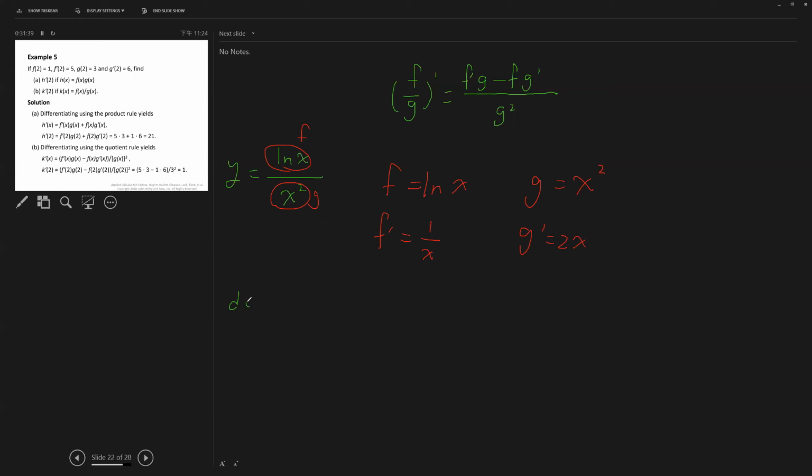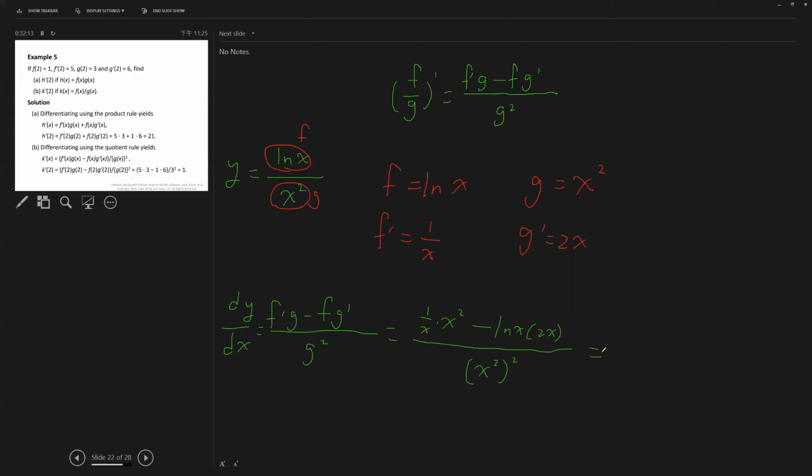dy dx is g squared in the denominator, and then f prime g minus f g prime. All right, let's fill this out. I like to take care of the denominator first, g squared, so x squared squared. f prime times g, so 1 over x times x squared, minus f g prime, ln x times 2x.